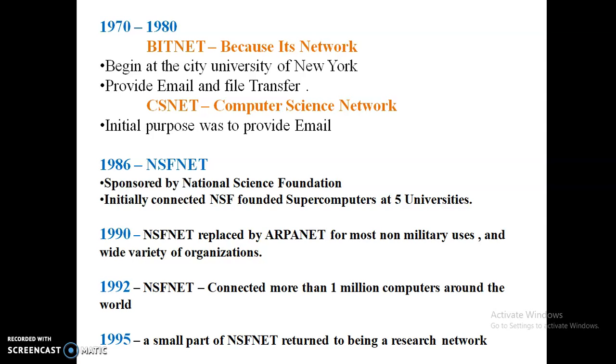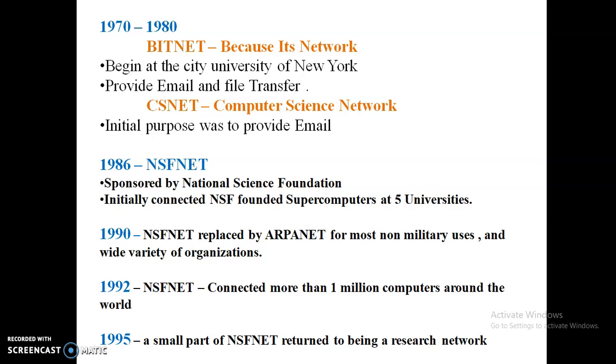In the year 1986, NSFNet was developed, sponsored by the National Science Foundation. Initially, it connected NSF-funded supercomputers at 5 universities. After that it became available to other academic and research labs. In 1990, NSFNet replaced ARPANET for most non-military users and a wide variety of organizations.